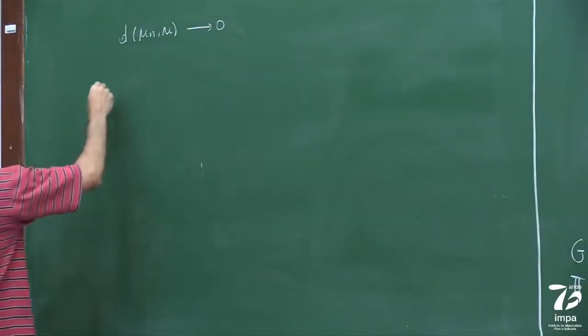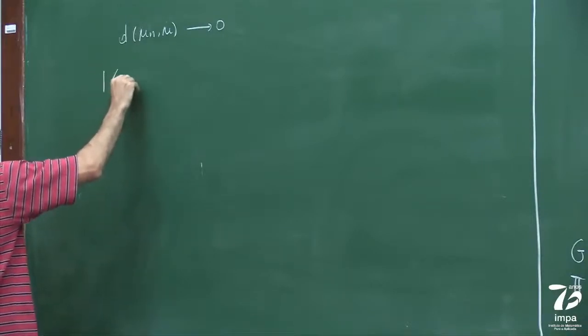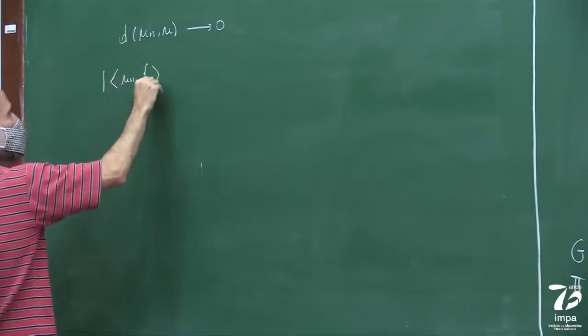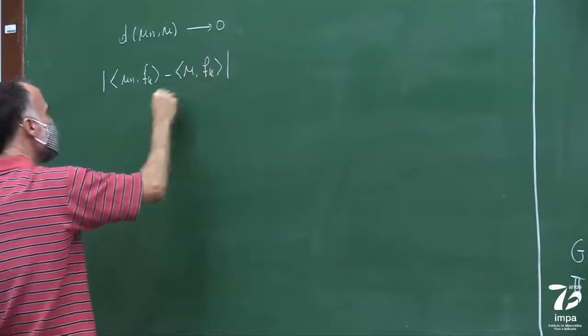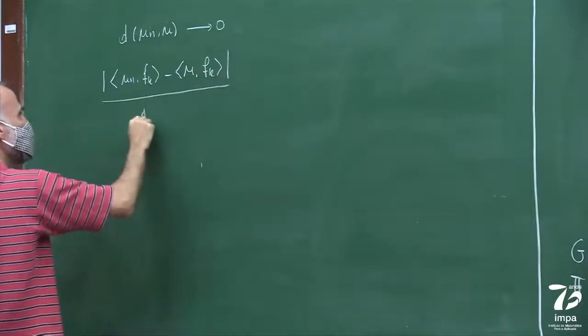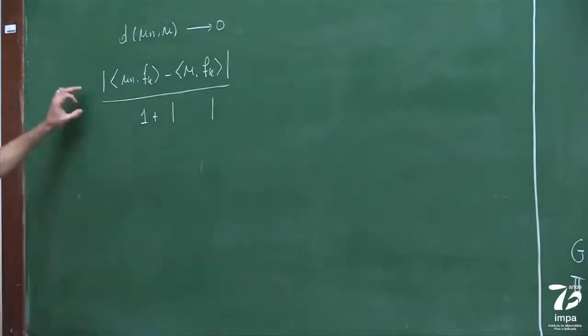Well, you know that this means that mu n f_k minus mu f_k over 1 plus the difference, if I divide that by 2^k, is one term in the sum, so it's bounded by the distance.